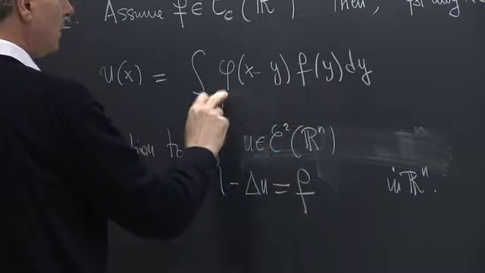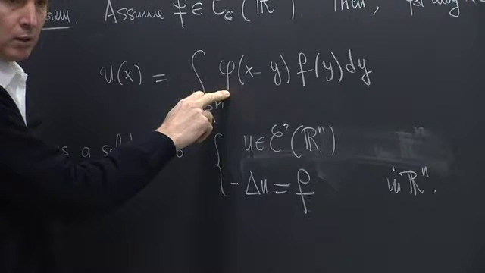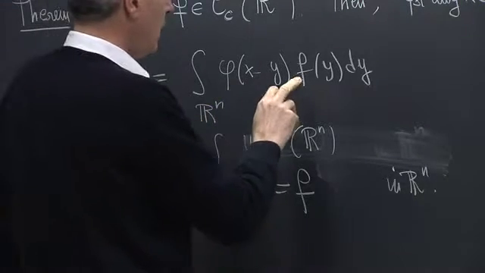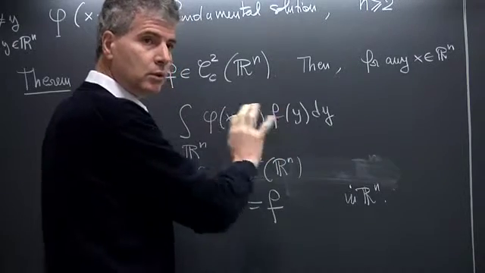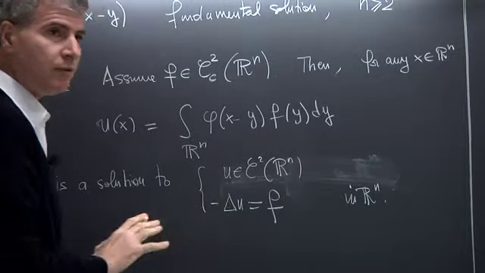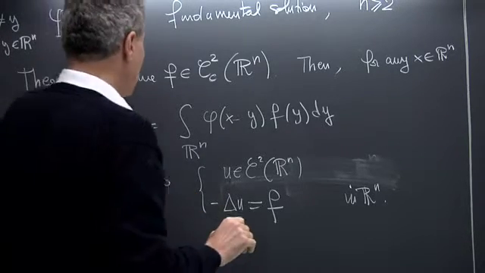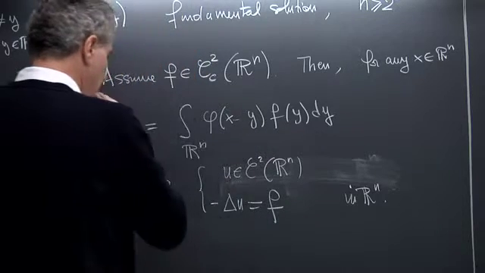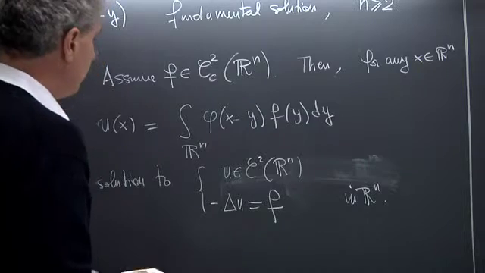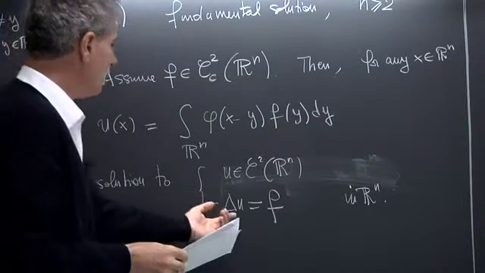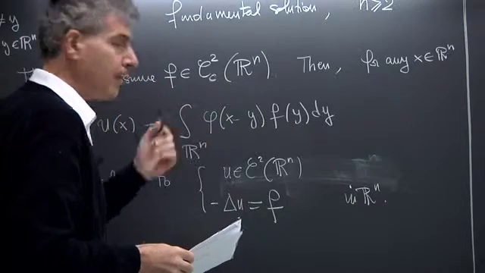Remember that phi is in L1 loc, and f has compact support. Therefore, we can define the convolution between f and phi. There is no problem. And then this is one solution to this elliptic PDE in the whole space.